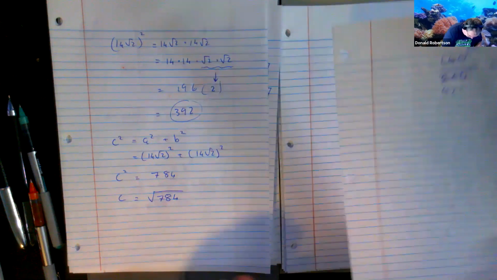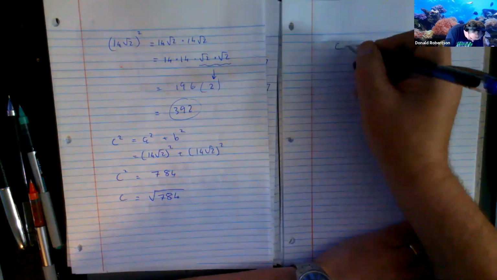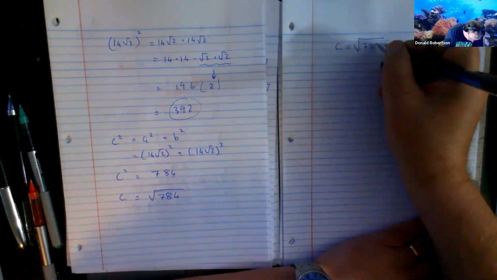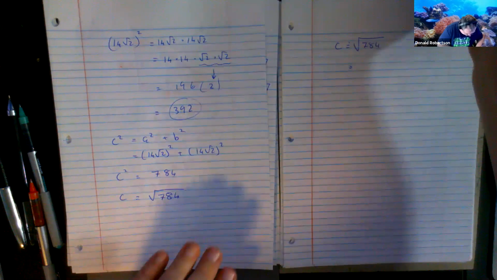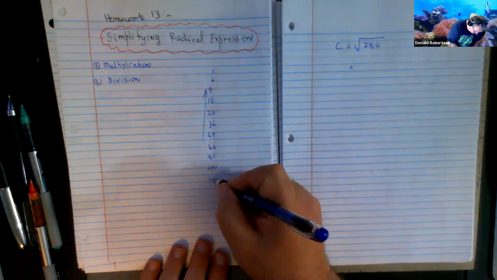So 784. It's got to split. Where's my little list? But this little list can keep on going.